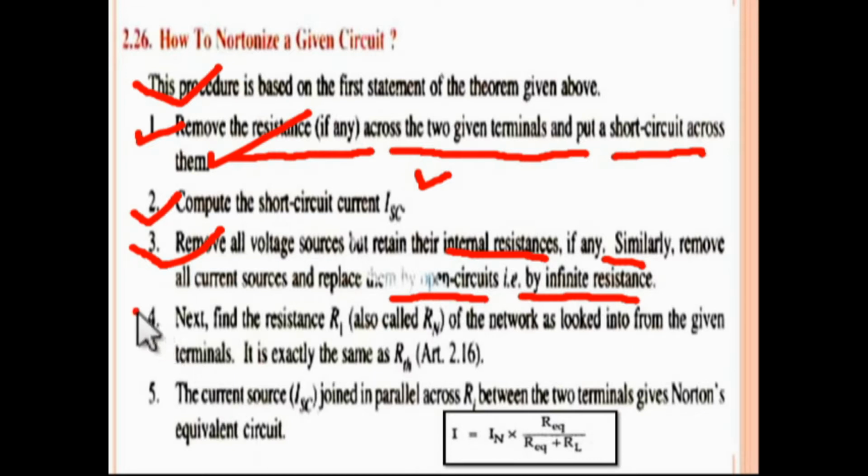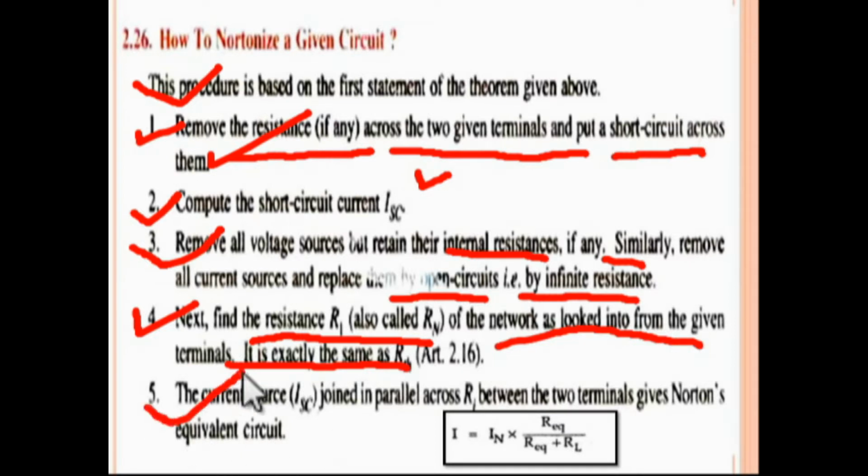And then the next procedure is to find the equivalent resistance RN or RTH. The procedure of finding RN is the same as that of the network as looked into from the given terminals. It is exactly the same as RTH. And the fifth point, the current source IN is joined in parallel.